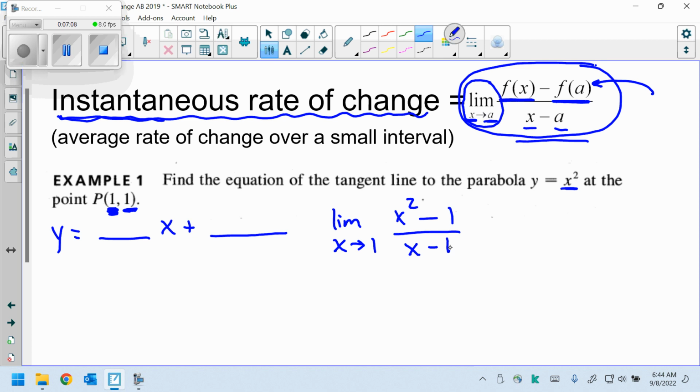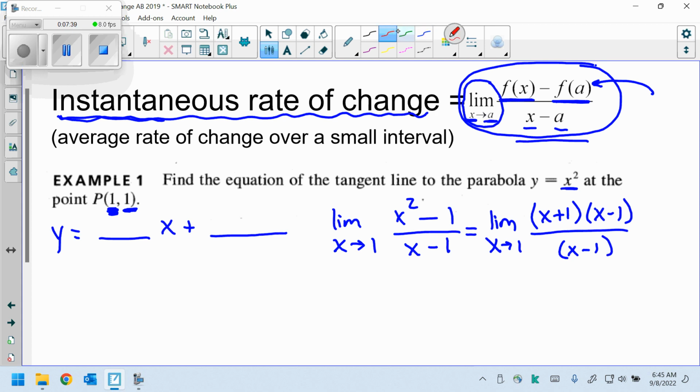Well, now if I put a 1 into this limit, I'm going to get 0 over 0. And I think we talked about limits that were 0 over 0. One of the tools we'd pull out of our toolbox is factoring. We're going to take the limit as x approaches 1, x plus 1, x minus 1, over x minus 1.